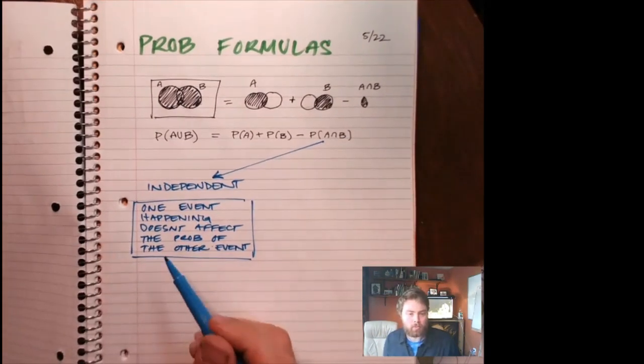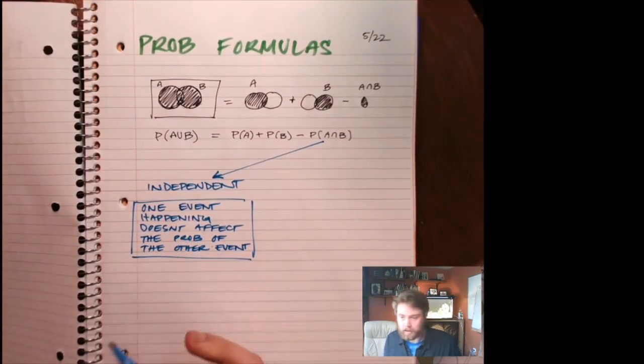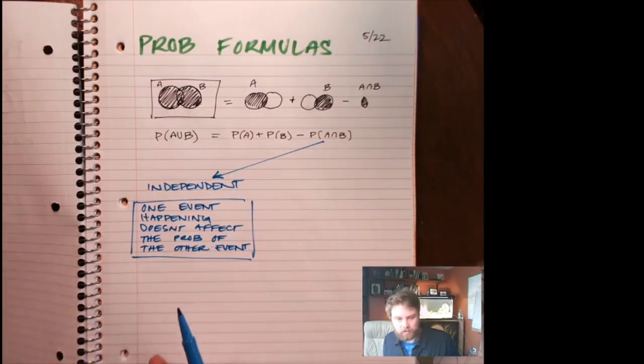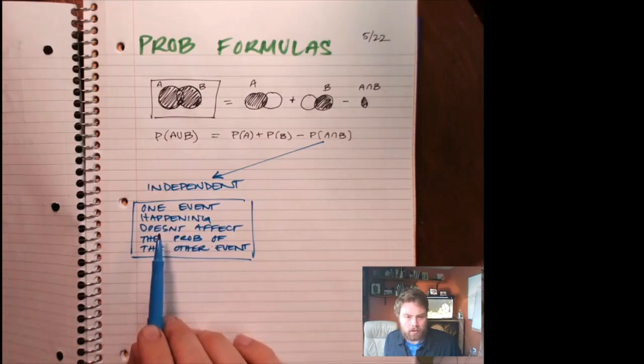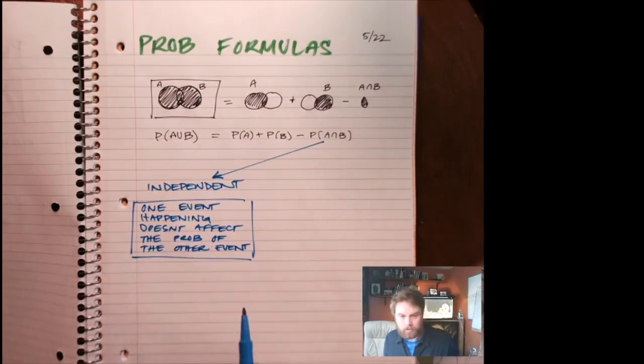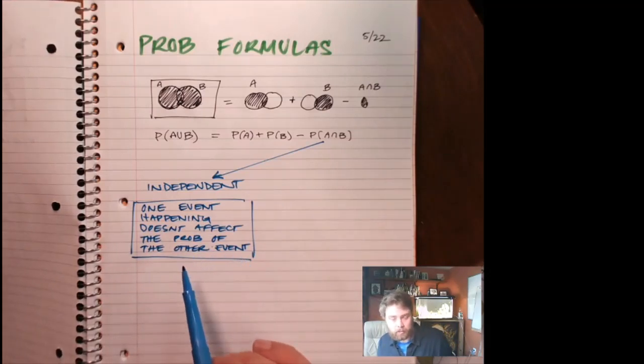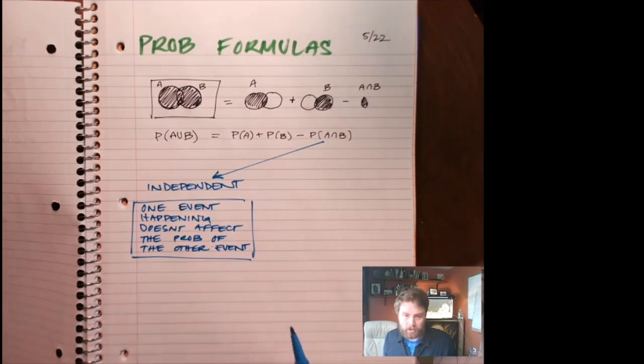That means that one event happening, like say you get heads on this coin flip, doesn't change things in the future. So they don't affect each other. Most of your experience in probability thus far has been doing independent probabilities, where you multiply the branches of a tree in a tree diagram.